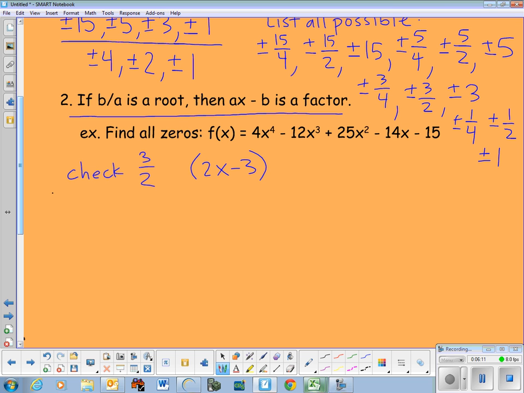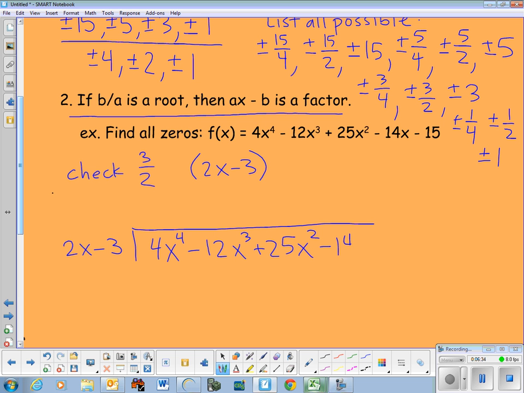So if I want to check and see if 2x minus 3 goes into this polynomial, I'm going to have to do polynomial long division. Okay, and that's going to work a lot like 4th grade long division. And that's going to look like this.